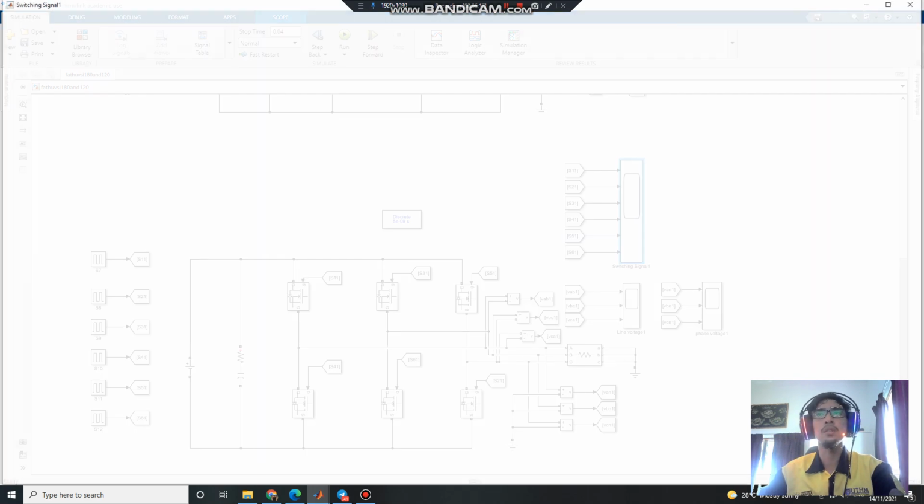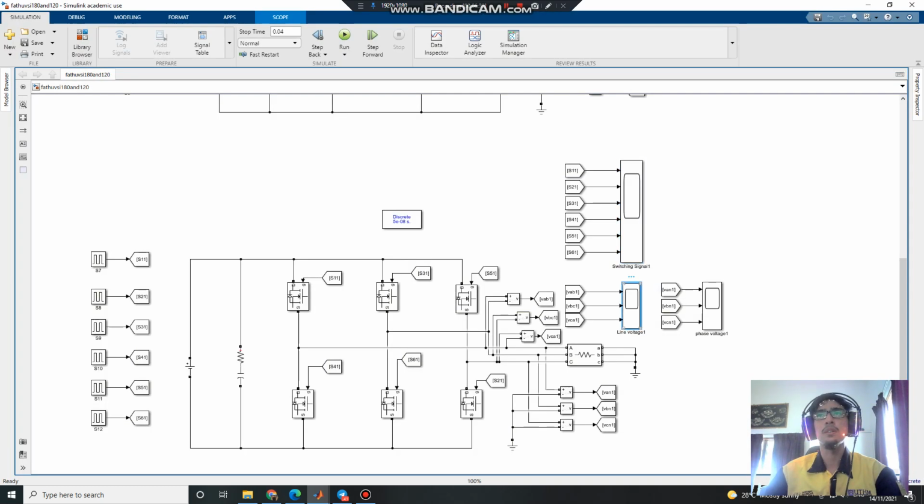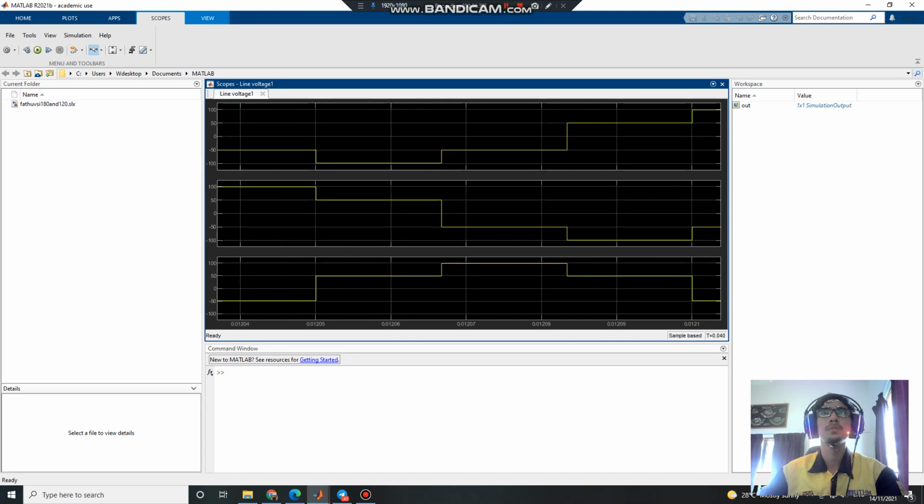The first one I will show is the switching signal, for T1, S1, S2, S3, S4, S5, and S6. Next is the line to line voltage: VAB, VBC, and VCA.